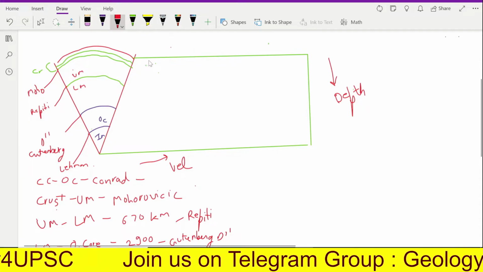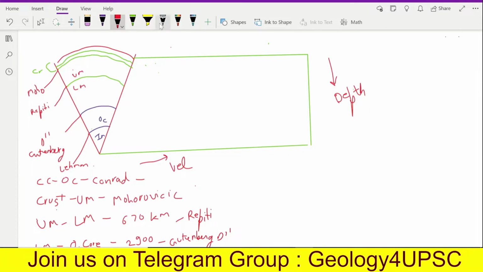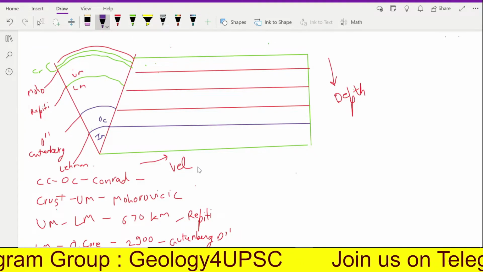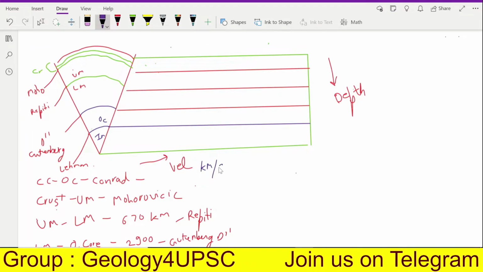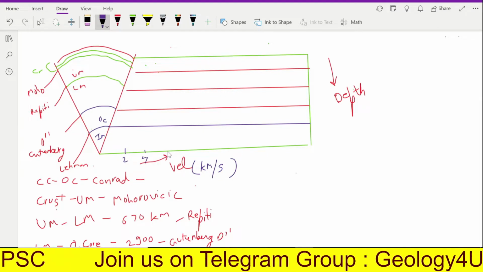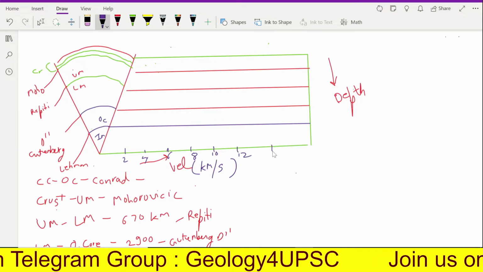So first thing to remember is you have to extend these boundaries. The velocity will be in kilometers per second, and you can mark it as 2, 4, 6, 8, 10, 12, 14.